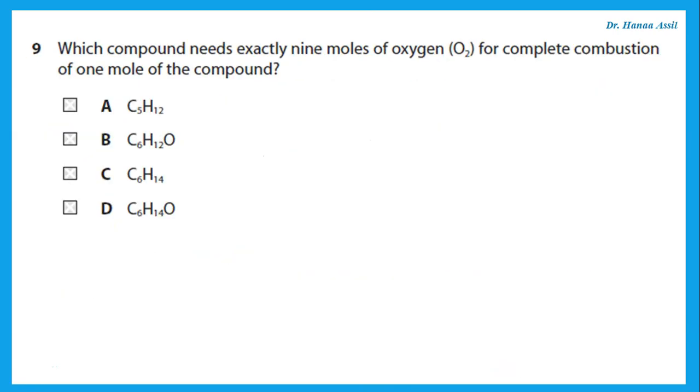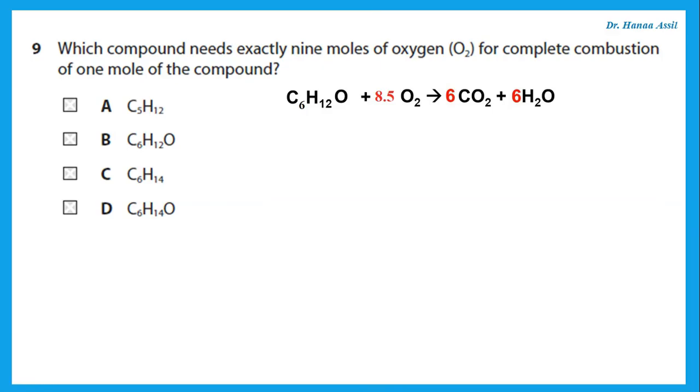Which compound needs exactly 9 moles of oxygen for complete combustion of 1 mole of the compound? Remember, complete combustion means reaction with oxygen to give carbon dioxide plus water. So basically, we're going to write out the equation, balance it, and determine which of these will need 9 moles of oxygen.